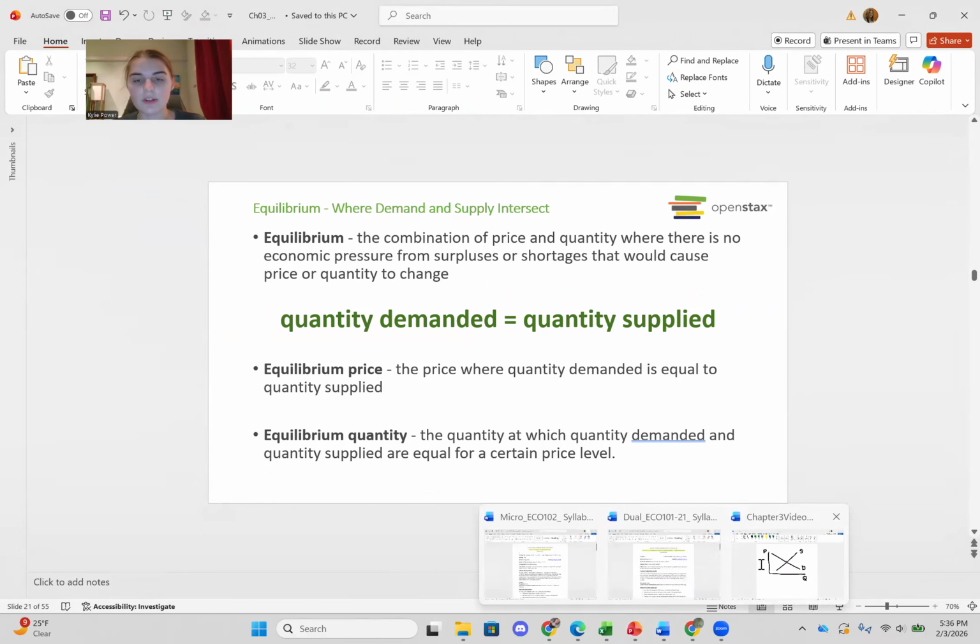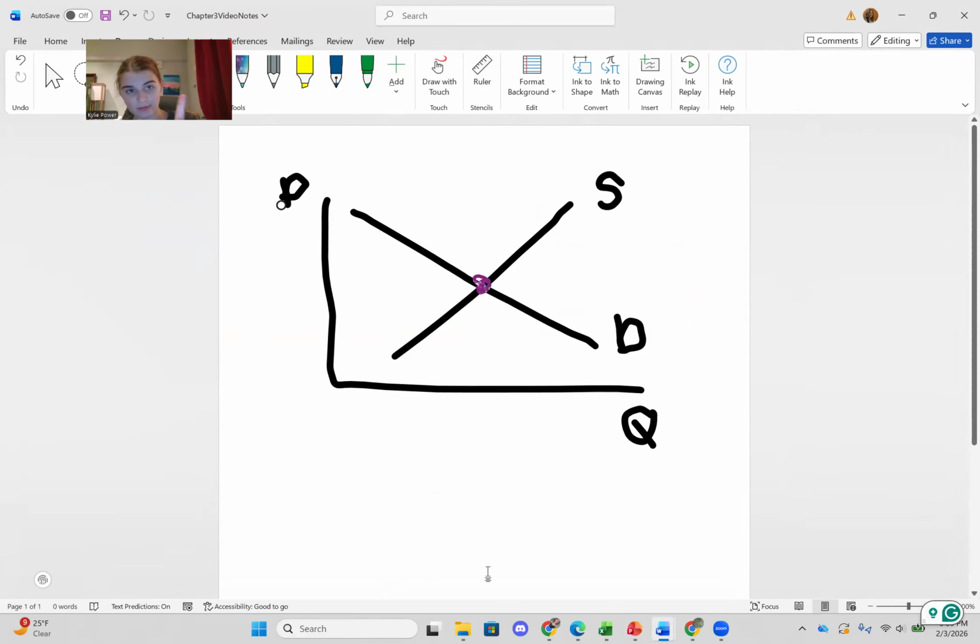that would end up causing any kind of pressure from each side. So, and we'll discuss this more, shortages and surpluses, but if there's more demand than there is supply, there's a shortage of that good or service. If there is more supply than there is demand, then there's going to be a surplus of that good or service.